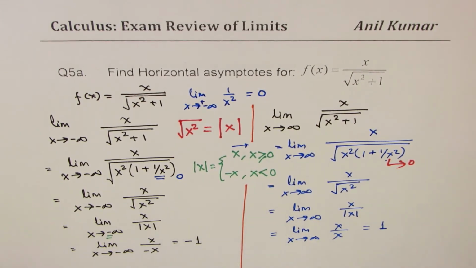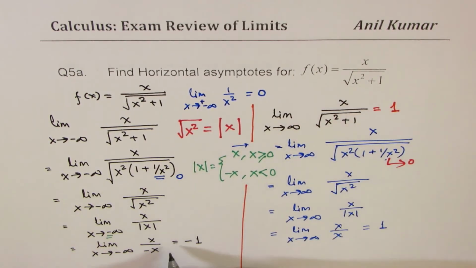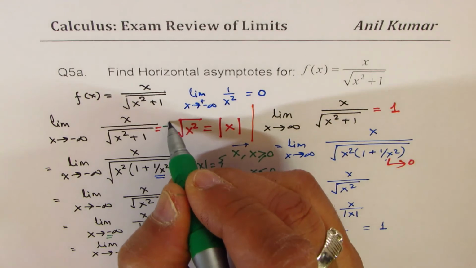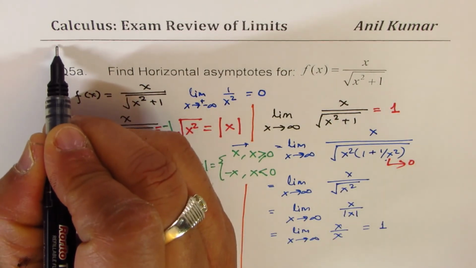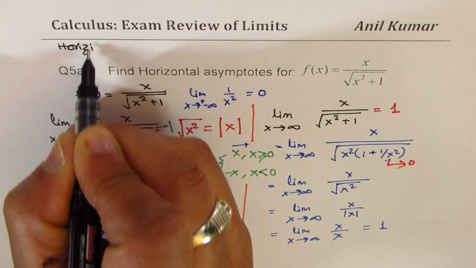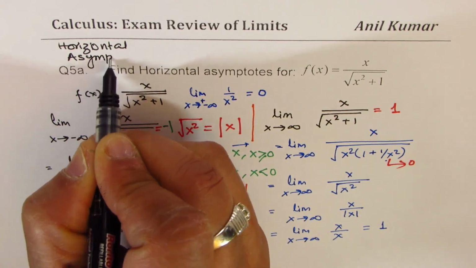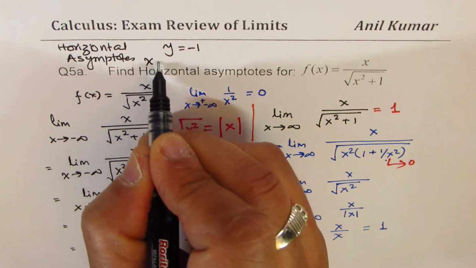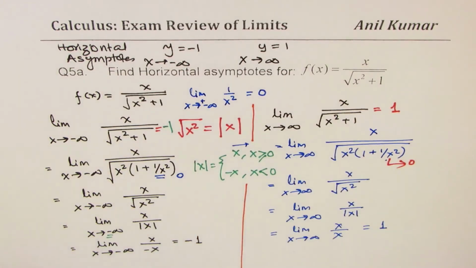So what we found is that when you are approaching the right side, the limit is 1. But when you are approaching on the left side, it is minus 1. So there are two horizontal asymptotes, correct? We can now clearly write our answer: the horizontal asymptotes are y equals minus 1, when x approaches negative infinity, and y equals plus 1, when x approaches positive infinity.